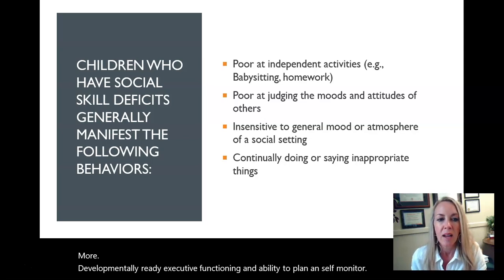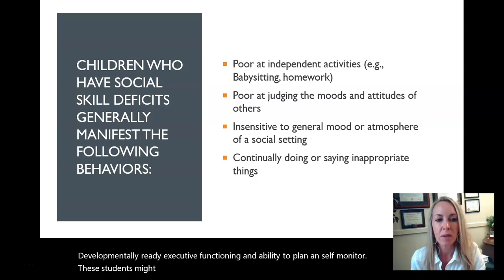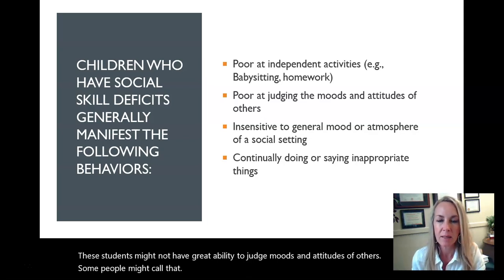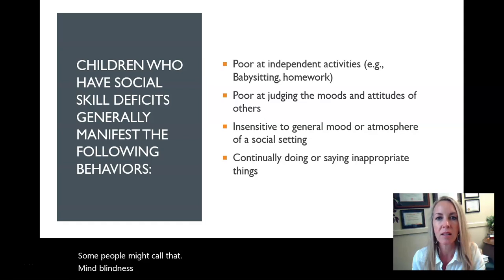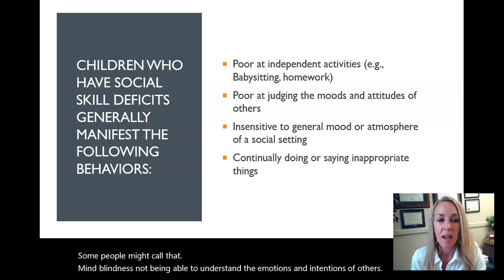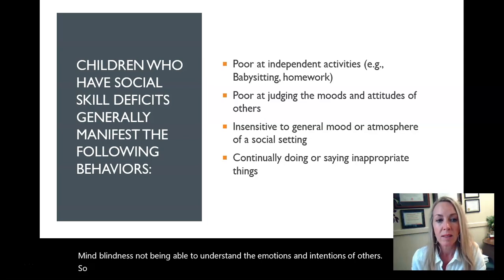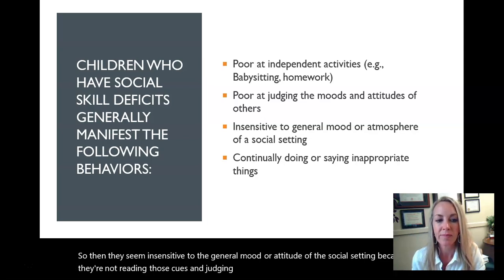These students might not have great ability to judge moods and attitudes of others. Some people might call that mind blindness, or not being able to understand the emotions and the intentions of others. So then they seem insensitive to the general mood or attitude of a social setting because they're not reading those cues and judging the moods of others very well.